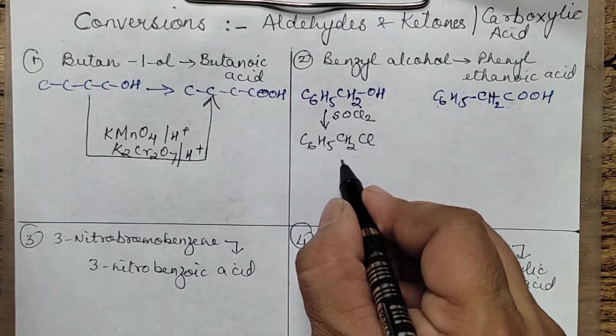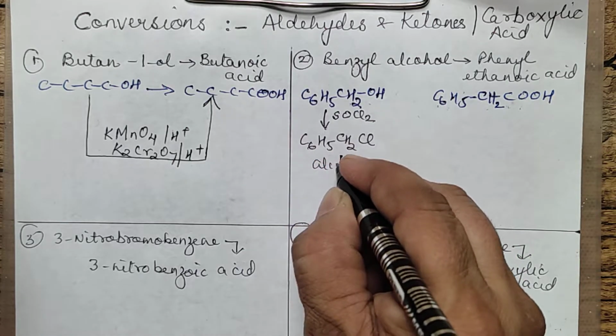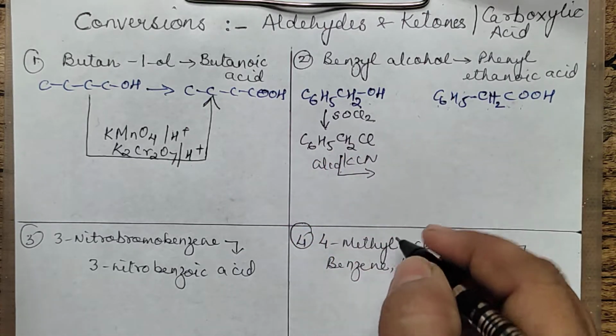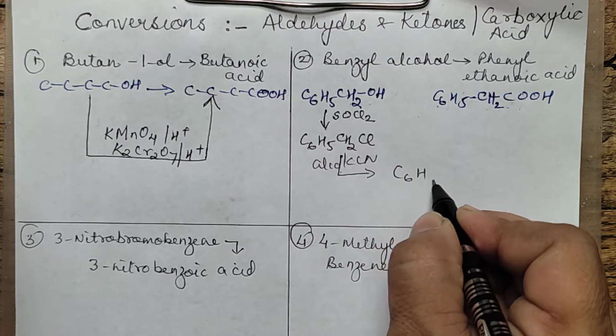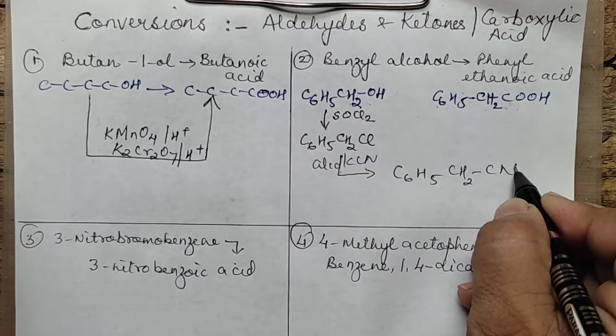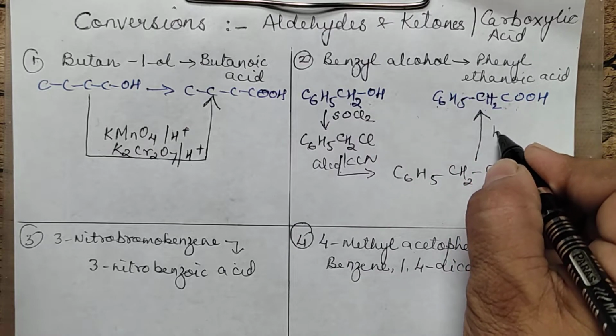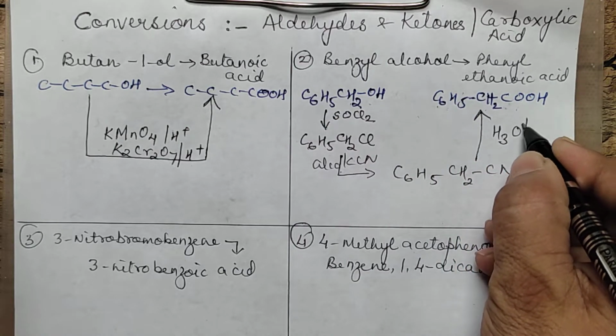Now this Cl, we have to increase the number of carbon atom. So what we can do is, we can add on alcoholic potassium cyanide. So you will have 1 more carbon atom, C6H5CH2CN. And CN can be very easily converted to COOH. Just hydrolysis we have to do in the acid medium.